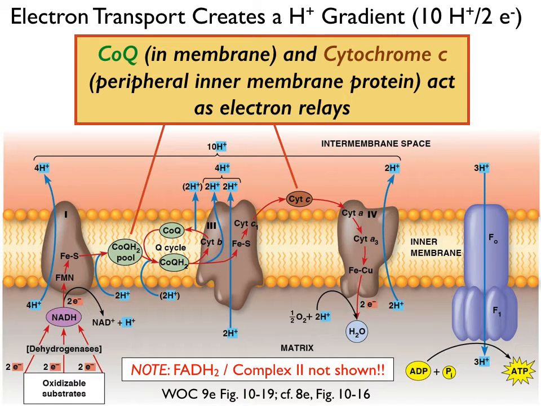Now, one of the nice things about the new edition of World of the Cell is that we've provided some additional molecular realism to some of these diagrams. This is kind of the blobby version of the electron transport complexes in the inner mitochondrial membrane. But here's a more realistic depiction of parts of 3 of these complexes based on X-ray crystallographic structures.